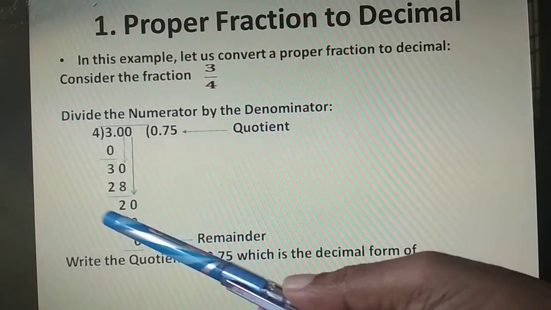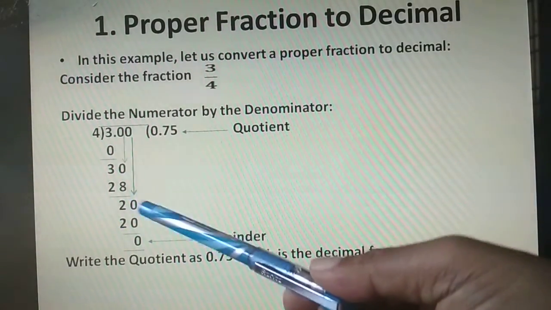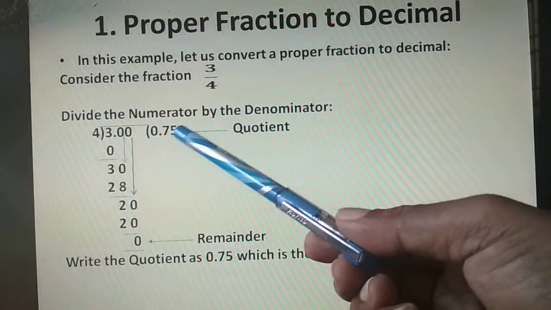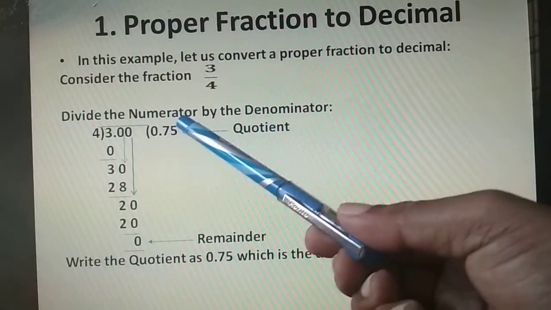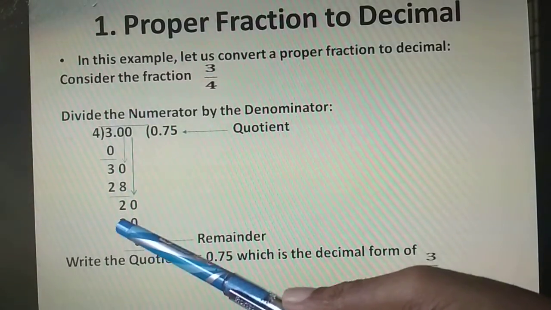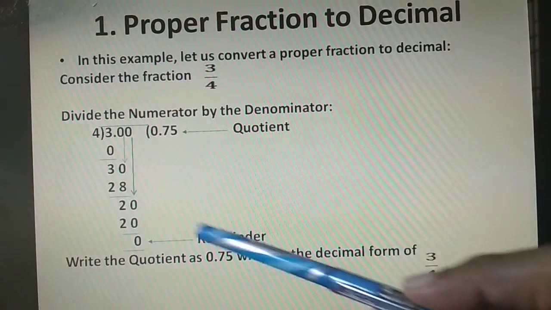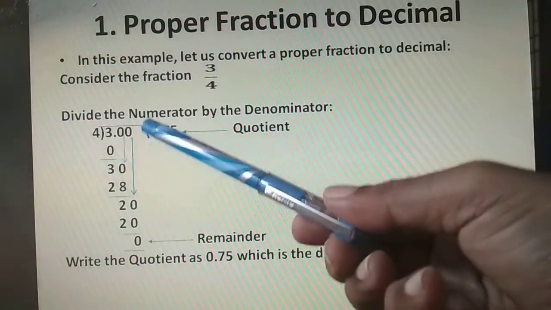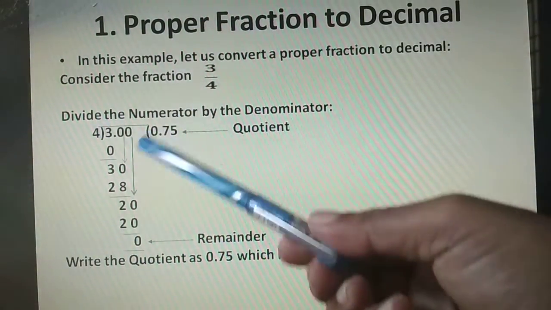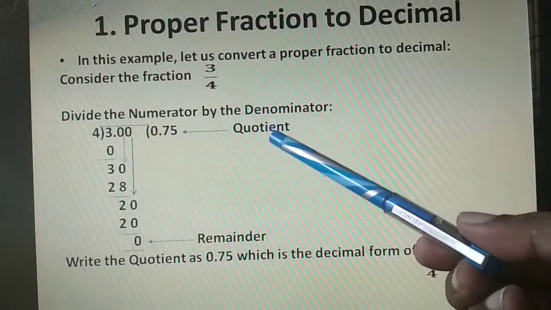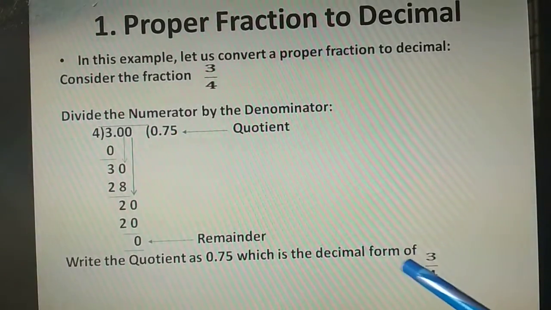It becomes 20 now. 4 goes into 20 exactly 5 times. 4 5s are 20. So we put 20 below that and then subtract. You get 0, the remainder. So our quotient is 0.75 and that is the required decimal form of 3 by 4.